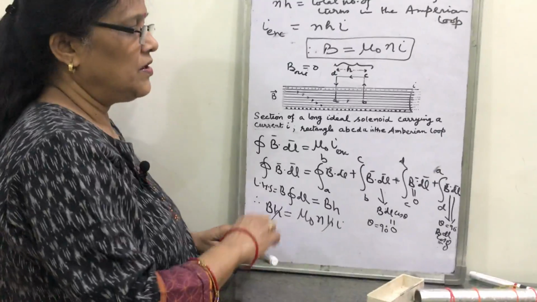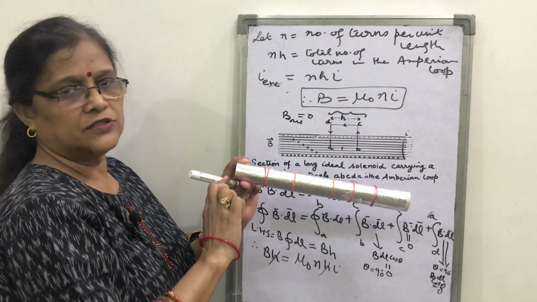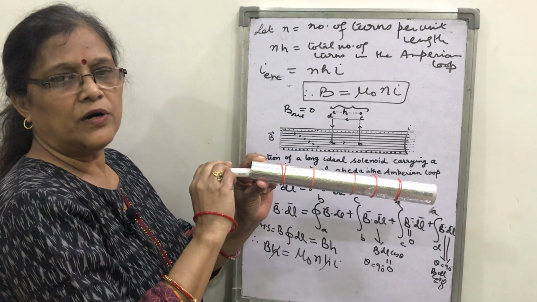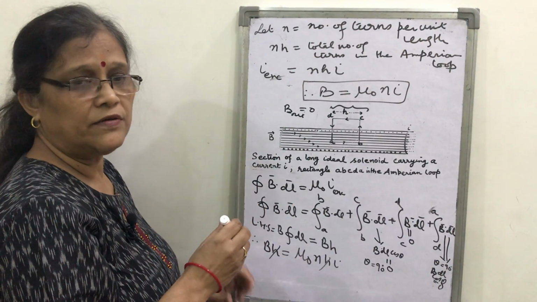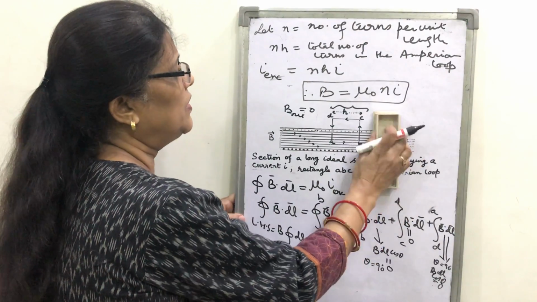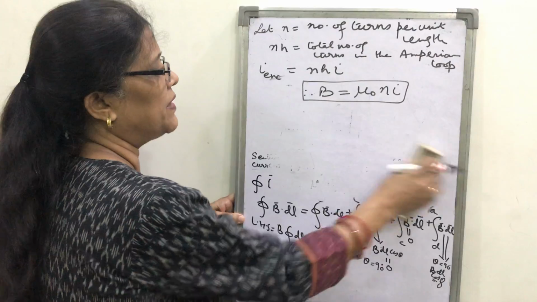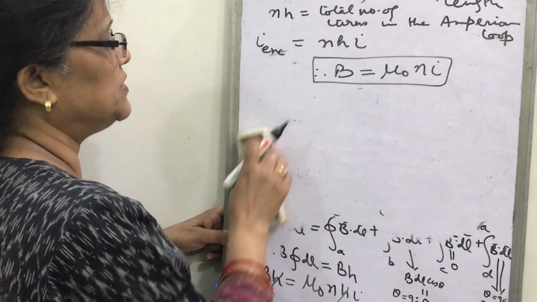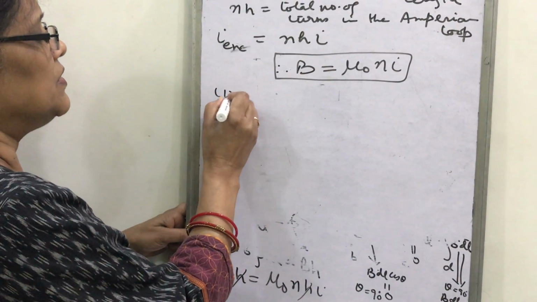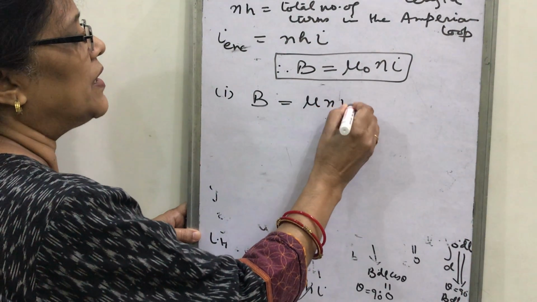Now, if in the tube, that is the long solenoid, here it is a hollow tube of cardboard, you put a magnetic material rod, what will we observe? In the first case, if we put the rod inside the solenoid, and its permeability is mu, the permeability of the medium is mu, then B will become mu nI.